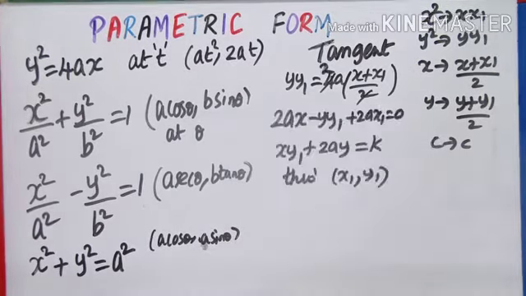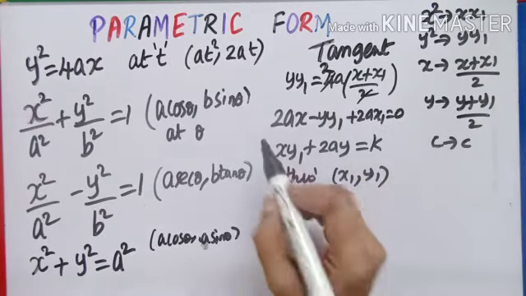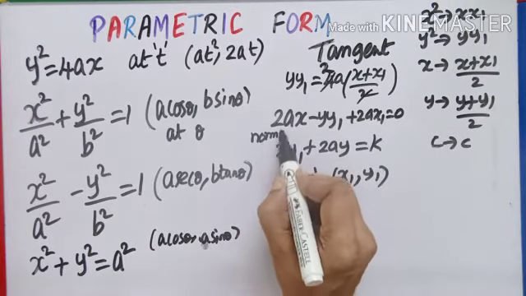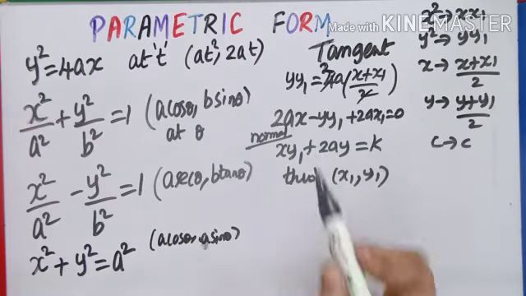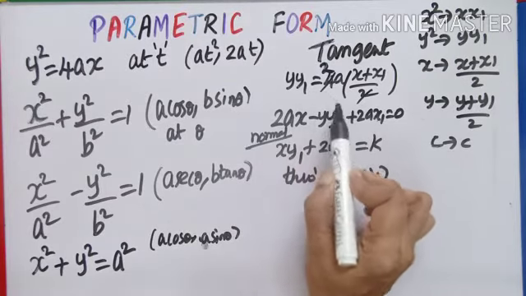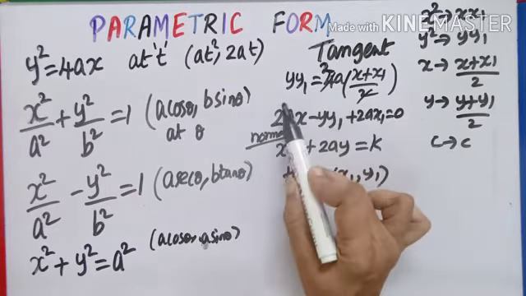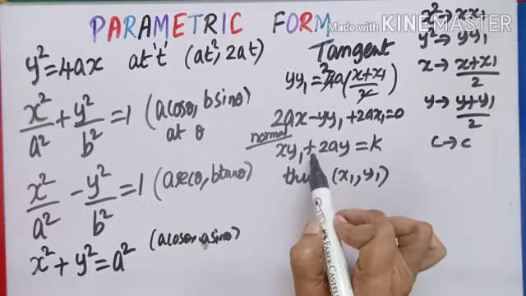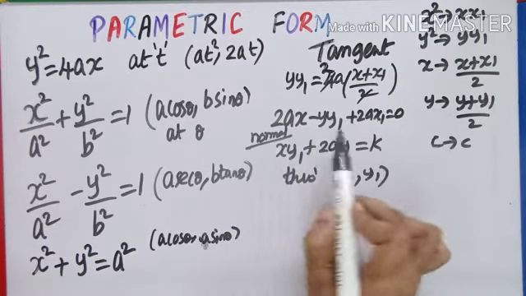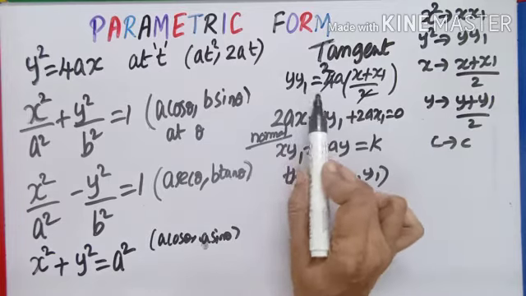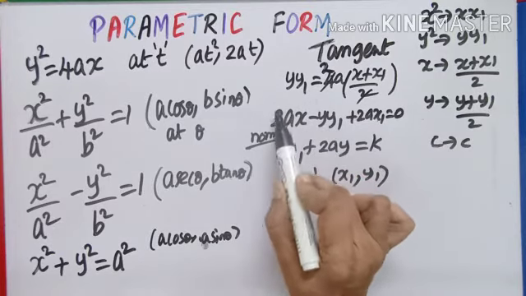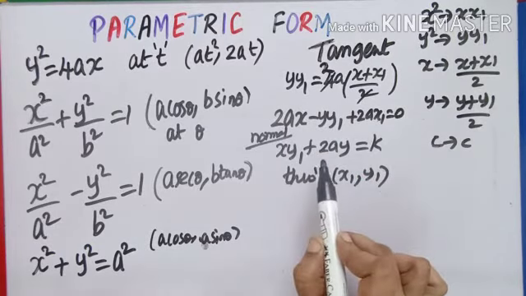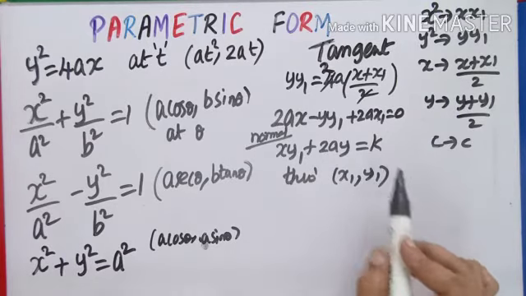Rewriting this tangent, it is 2ax minus yy1 plus 2ax1 equals 0. Normal, which is perpendicular to the tangent: put x coefficient to y and y coefficient to x, change the symbol, writing the perpendicular equation. x coefficient to y, y coefficient to x, change the symbol, constant also changes.